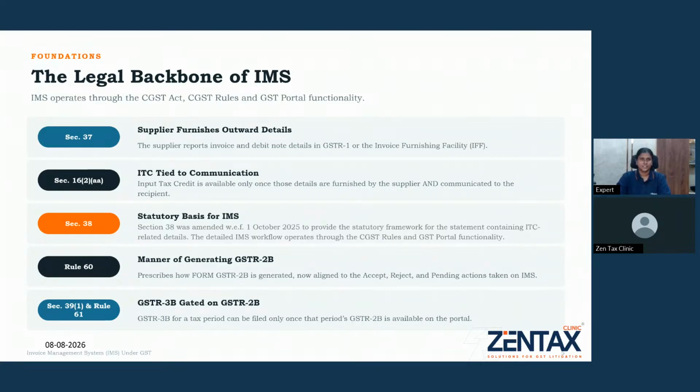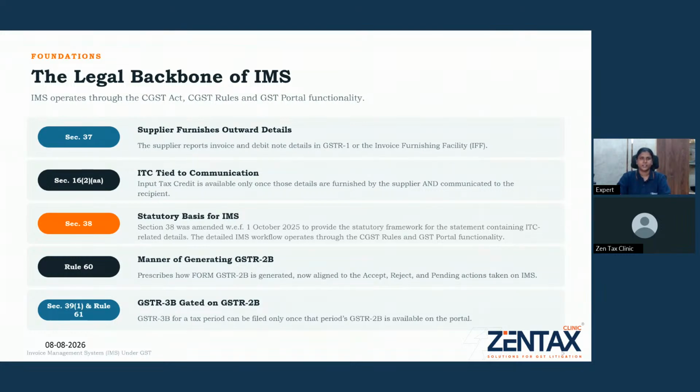Section 38 provides the statutory basis for IMS. This Section 38 was amended to provide a statutory framework for the statement containing ITC-related details. The detailed IMS workflow operates through the GST portal functionality and also through these GST Acts and rules. Rule 60 prescribes how GSTR 2B is generated and how it is aligned to accept, reject, or take any pending action on the IMS.